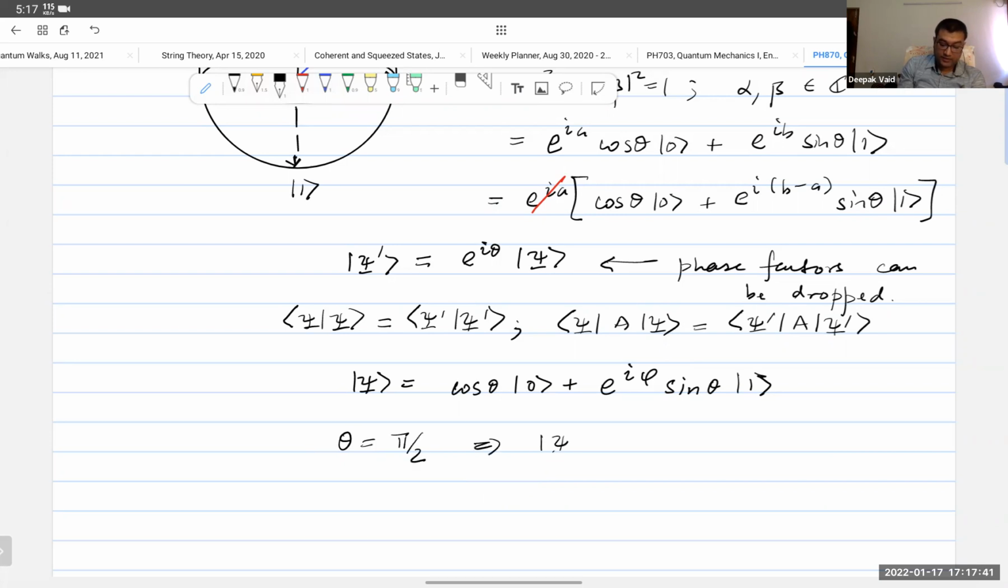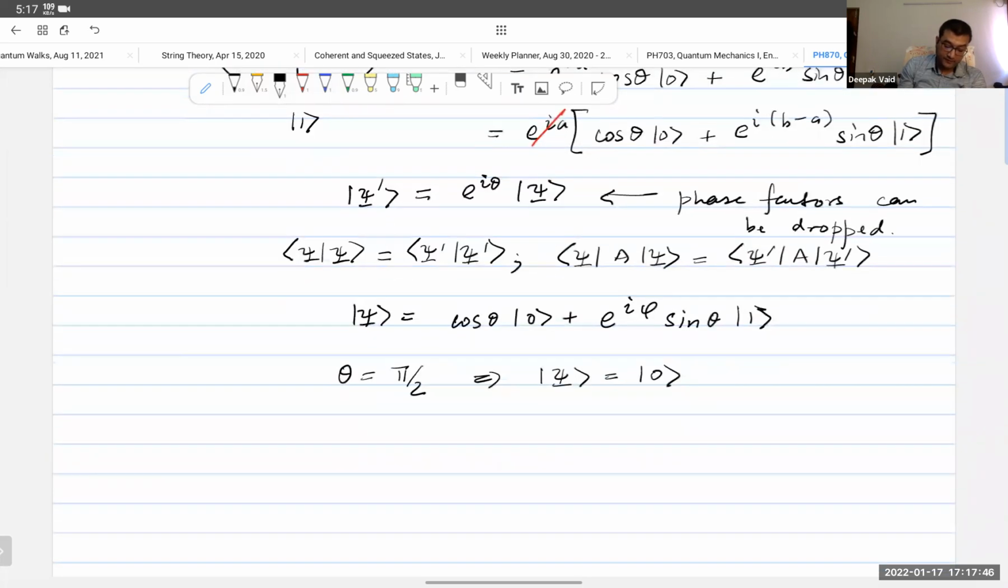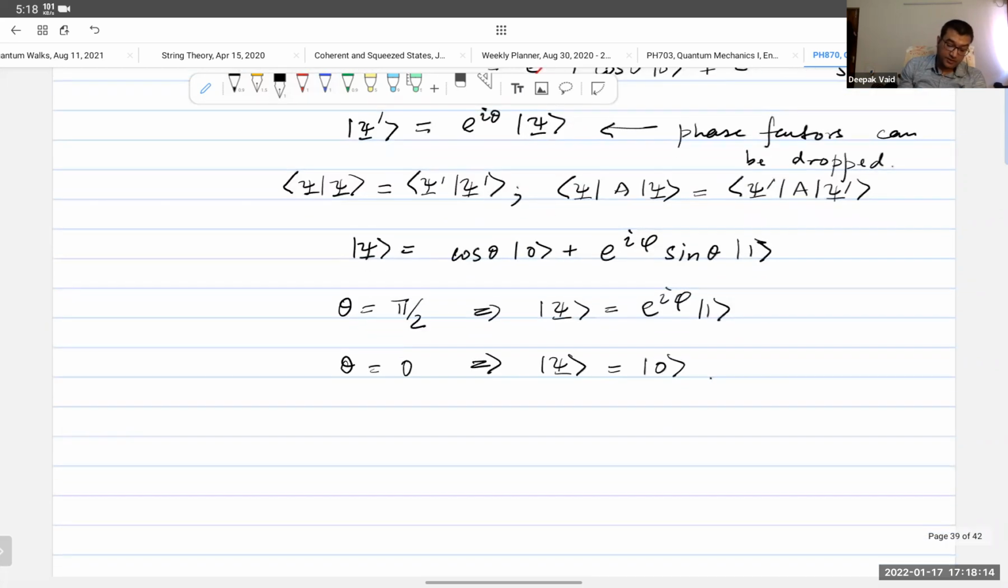Then cosine pi by 2 is 0, and for pi by 2 it's e to the i phi 1, right? And similarly here, psi is going to be 0.